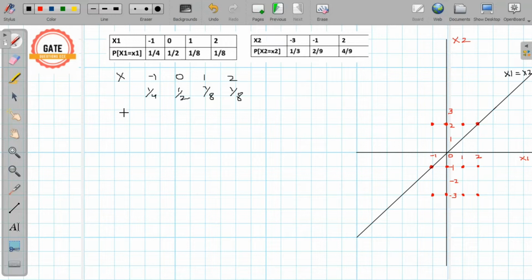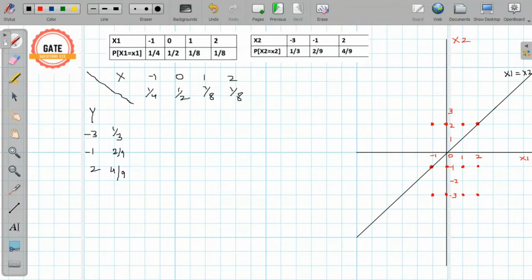On this side we write the values and probabilities of X2: it can take values -3, -1 and 2, with corresponding probabilities 1/3, 2/9 and 4/9.